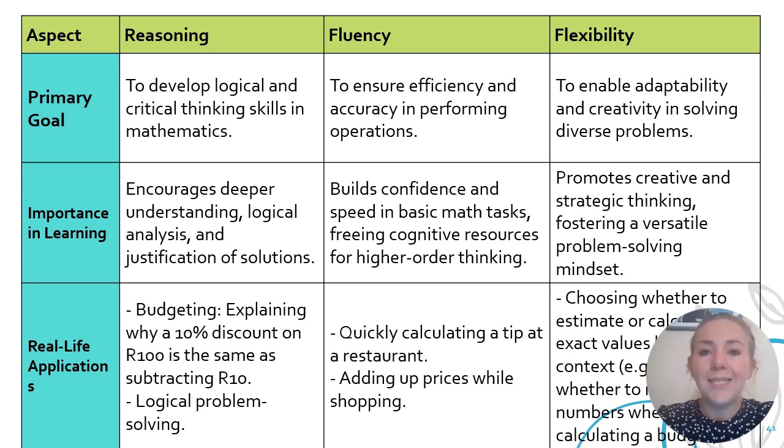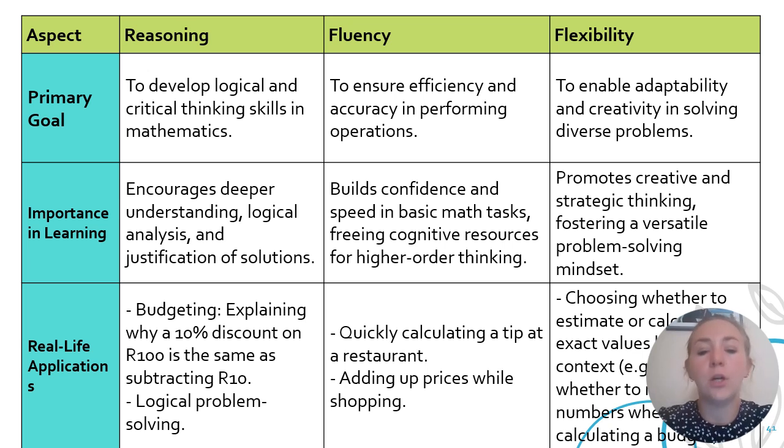I just want to quickly touch on the primary goal of reasoning, fluency, and flexibility. So for reasoning, it's to develop critical thinking skills, to be logical in your approach to problems, or be logical in the strategy that you use to calculate.